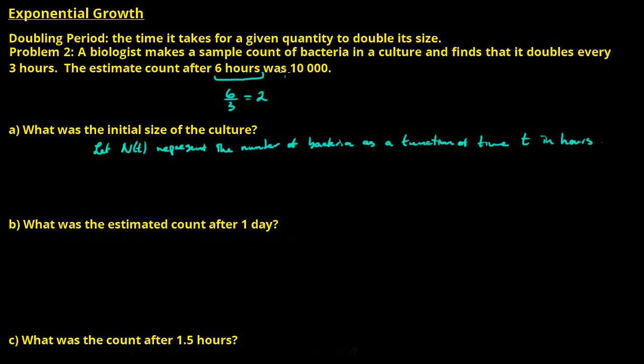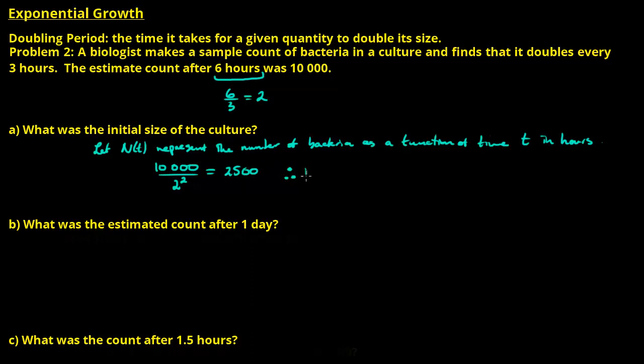So the population had doubled twice. That means we can take 10,000 and divide it by 2 twice. So we're dividing 10,000 by 2 squared, which is 10,000 divided by 4, which is 2,500.